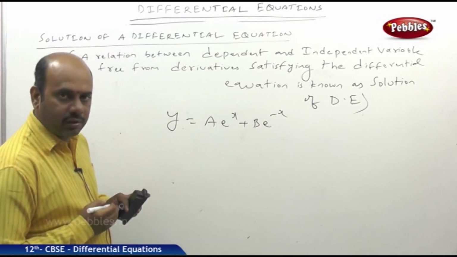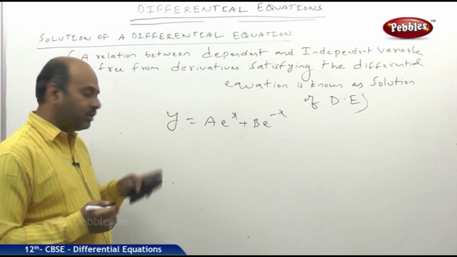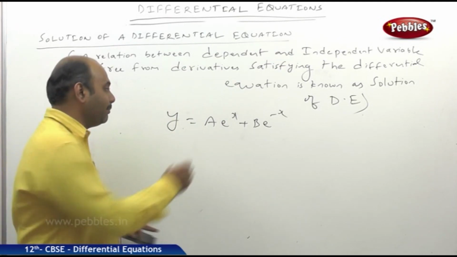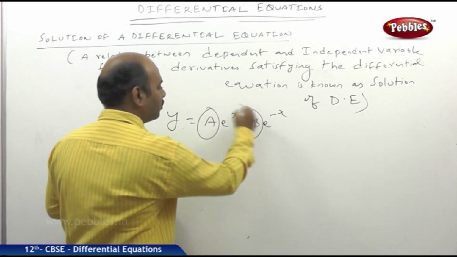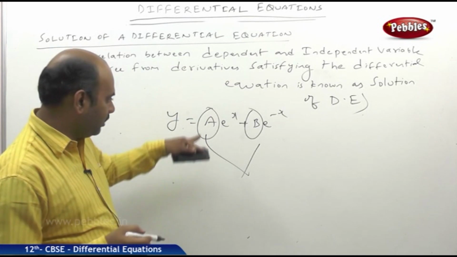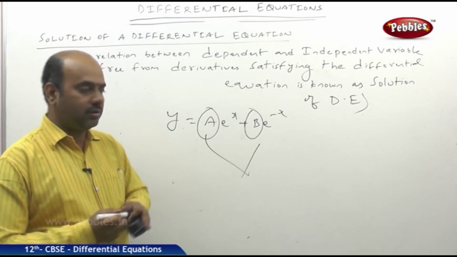They will ask us to form the differential equation using this relation by eliminating these two things. Here a and b are arbitrary constants. We need to eliminate these two and frame a differential equation.